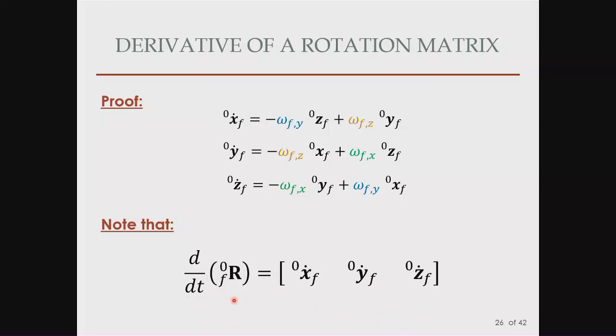Because the rotation matrix from f to 0 is x_f, y_f, z_f projected on frame 0, as we learned last week. If you take term by term derivative of this rotation matrix, it's like taking term by term derivatives of these vectors. You are doing that in frame 0, so you are doing essentially what we did at the start when we did our AB dot in frame 0.